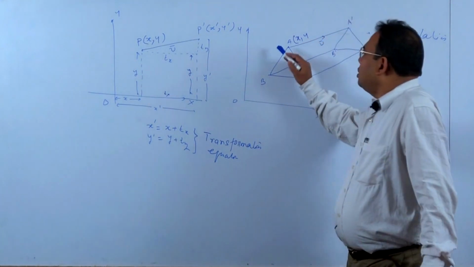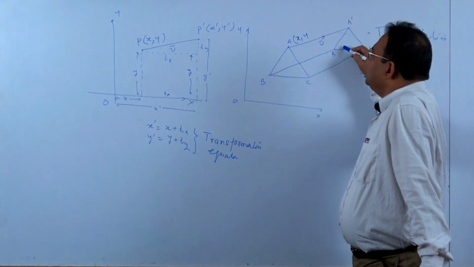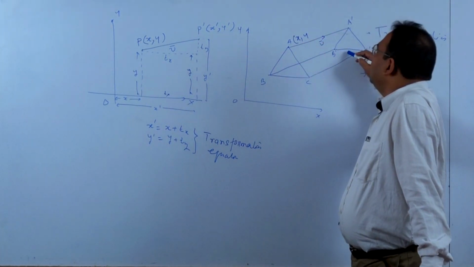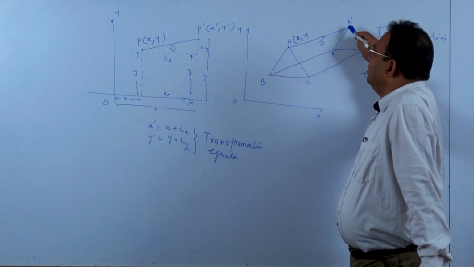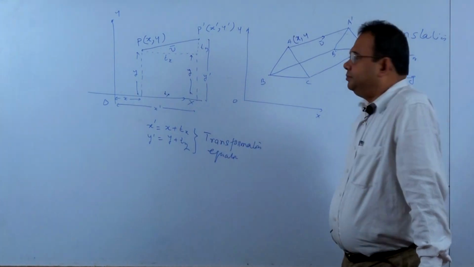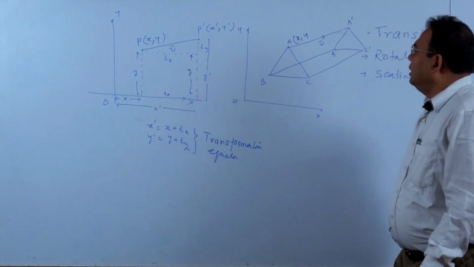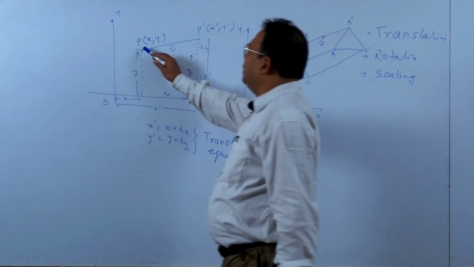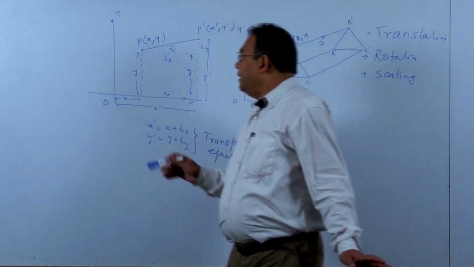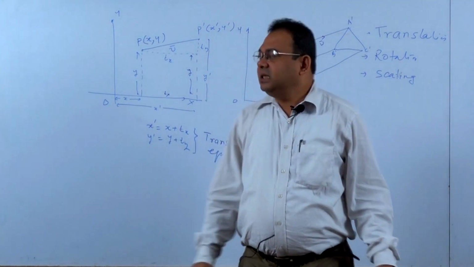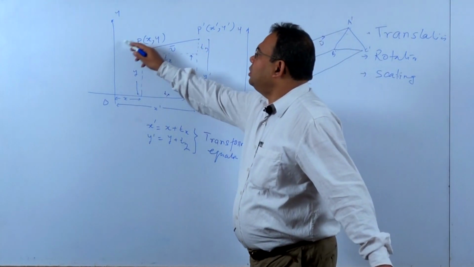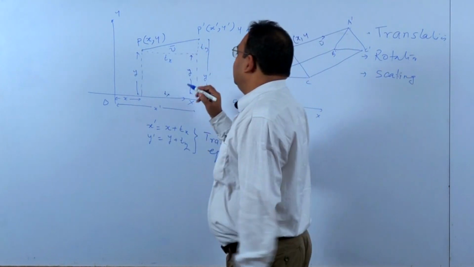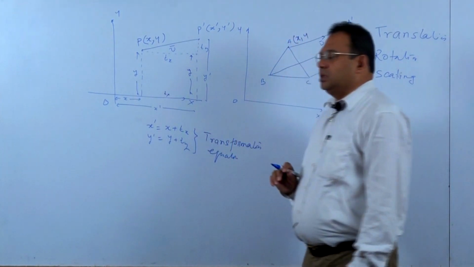So this object can be redrawn in the new positions if we can calculate the positions of the translated points by a suitable method. So in this case we are considering any point on the rigid object, and this translation is performed uniformly on every point on the rigid object, and these are the transformation equations.